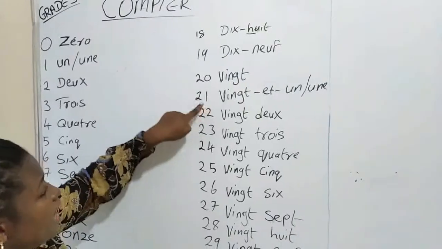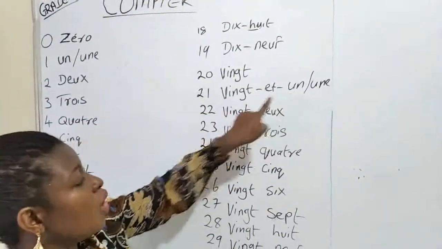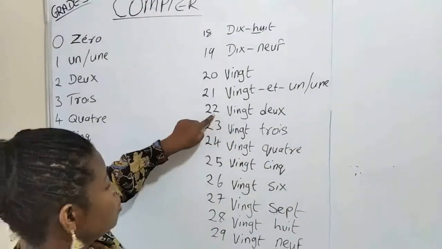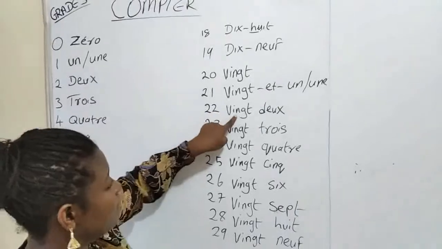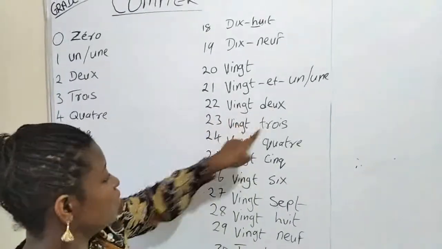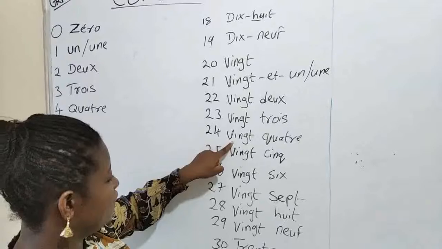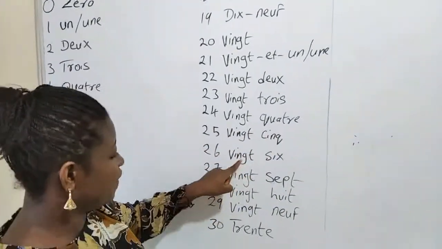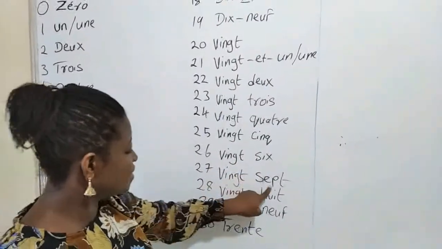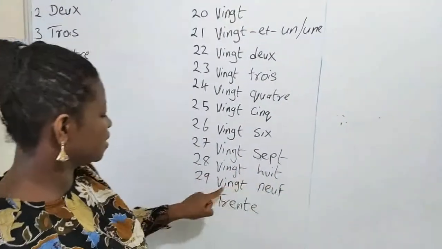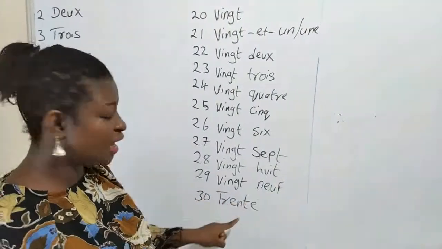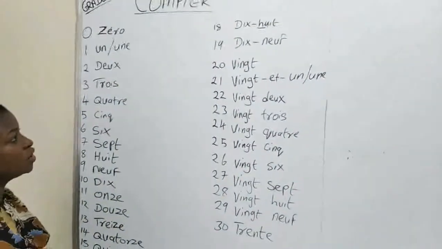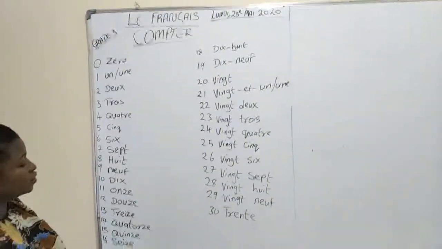From 21 we have 21, or you say 21, depending on what you are counting. 22 is 22. 22, 23, 24, 25, 26, 27, 28, 29, and 30. So 30 is the last number we are going to be looking at. We stop at 30 for today.